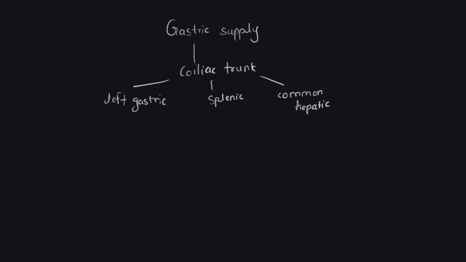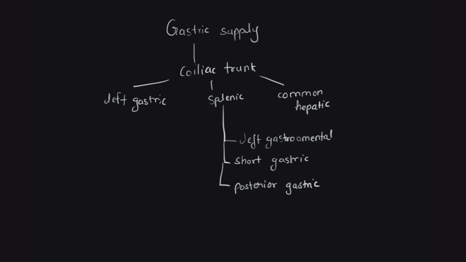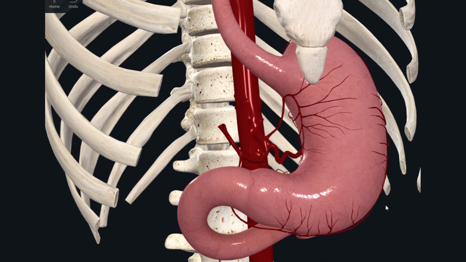The splenic artery is further divided into many branches, namely the left gastroepiploic, then the left short gastric, then the posterior gastric, and lastly, the pancreatic arteries. Pancreatic arteries are divided into the dorsal and the greater pancreatic arteries.